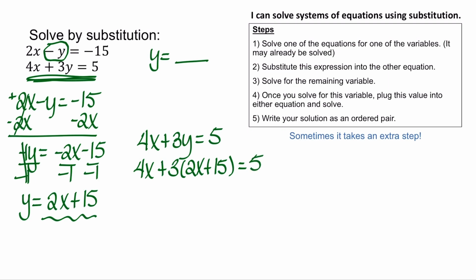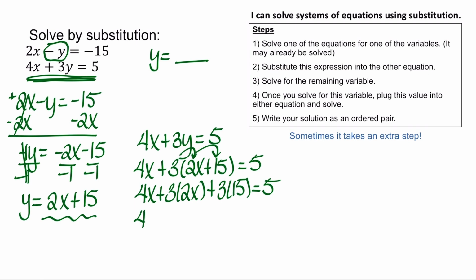So now to simplify this, I can start with the distributive property. So I have 4x plus 3 times 2x plus 3 times 15 equals 5. So that gives me 4x plus 3 times 2x, which is 6x, plus 3 times 15, which is 45, and that equals 5.